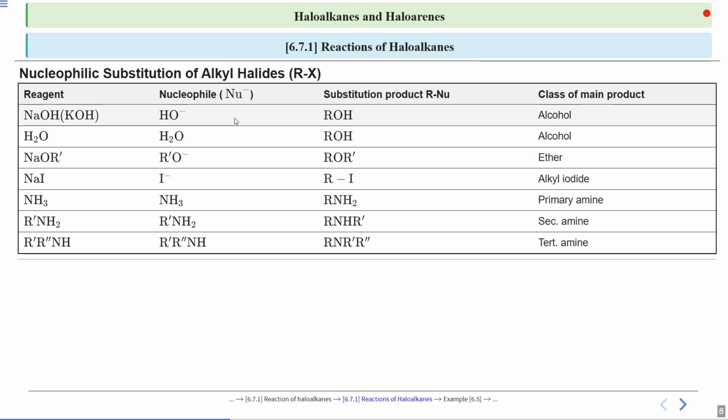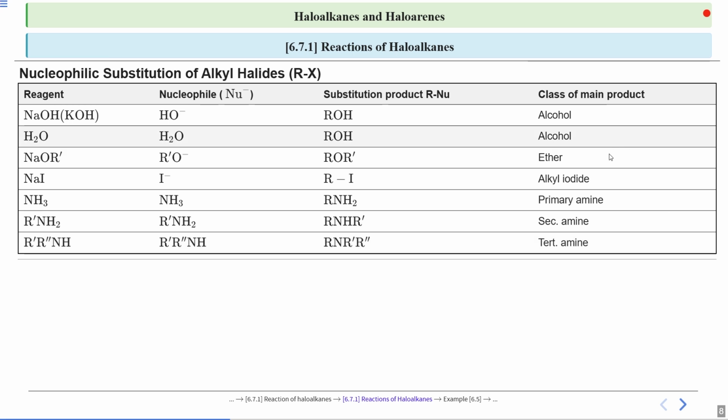With NaOR prime, the nucleophile is R prime O minus, and the substitution product is ROR prime, that is an ether. Sodium iodide gives the nucleophile iodide, and the substitution product is alkyl iodide. Now for ammonia, R prime NH2 and R prime R double prime NH, the substitution products are RNH2, RNHR prime, and RNR prime R double prime.